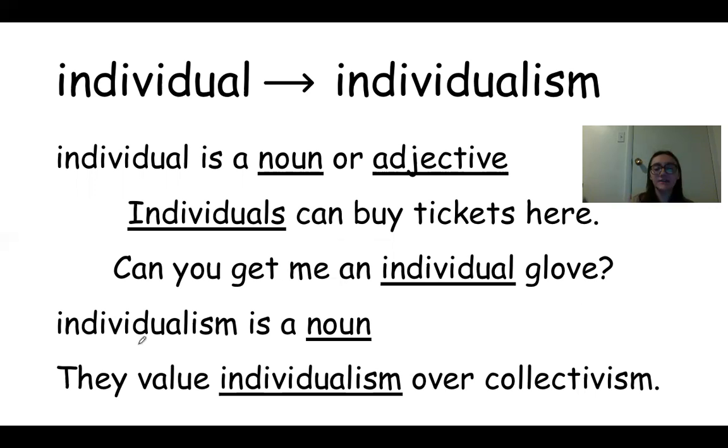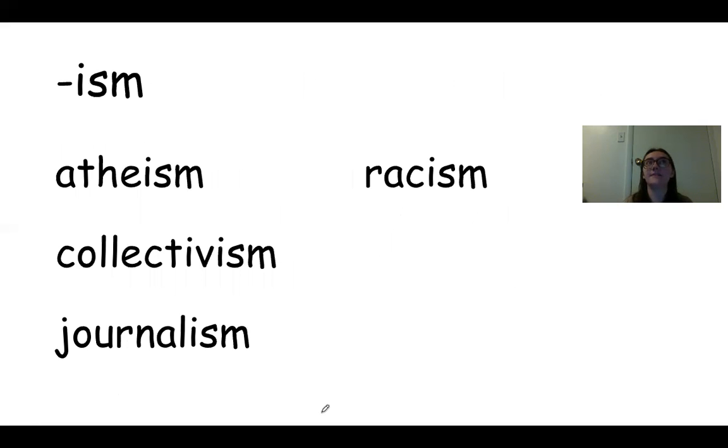But when you use individualism, it turns into a different word, but it keeps some of the same meaning. So if you said they value individualism over collectivism, individualism is like the belief system that one person and their choices is more important than worrying about what is best for everybody.